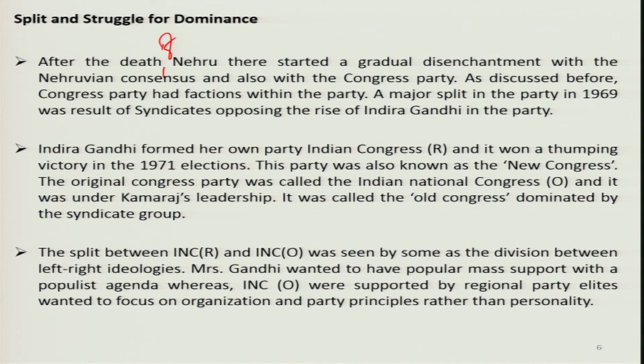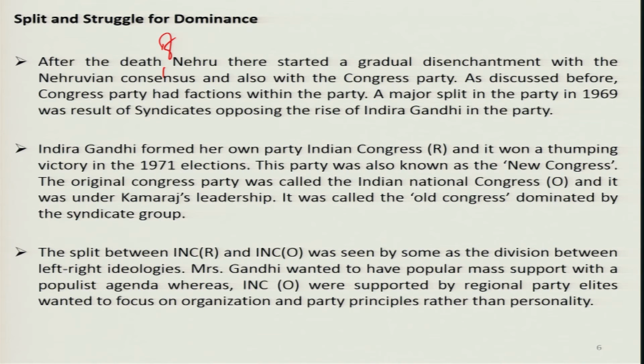They were opposed to the excesses of Indira Gandhi during the Emergency, but they were all critical of the policies of Nehru also. So, from the 1970s there is also a growth in India of critique of Nehru among many ideological groups and political parties, not just the Bharatiya Janata Party or its earlier avatar, the Bharatiya Jana Sangh.